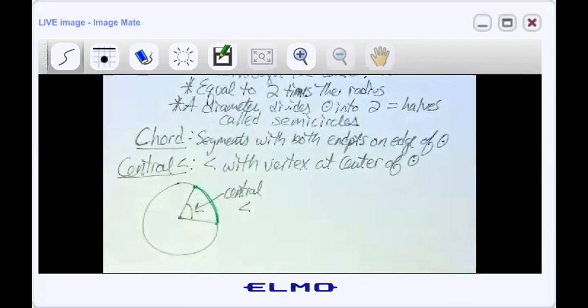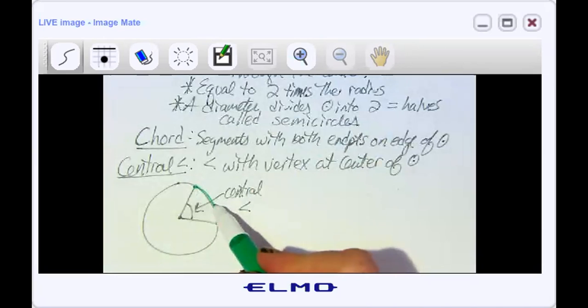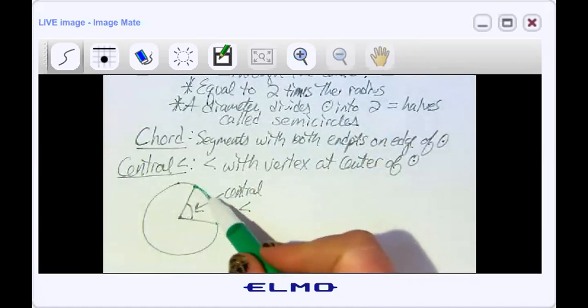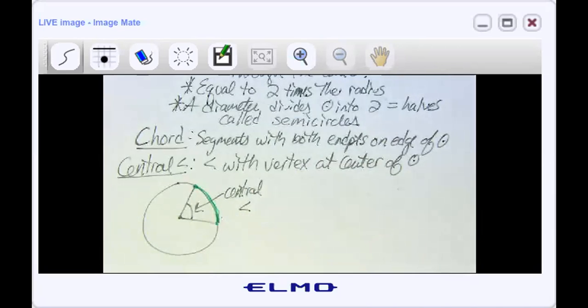That part that I just drew in green is called an arc, or an intercepted arc. You have small arcs called minor arcs and big arcs called major arcs. And here's what's so neat. The measure of the central angle is the exact same as the measure of the arc. So if that's an 80-degree central angle, that means this arc has a measure of 80 degrees. That's so neat.